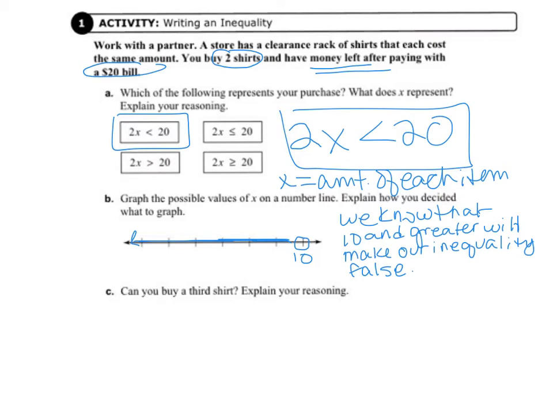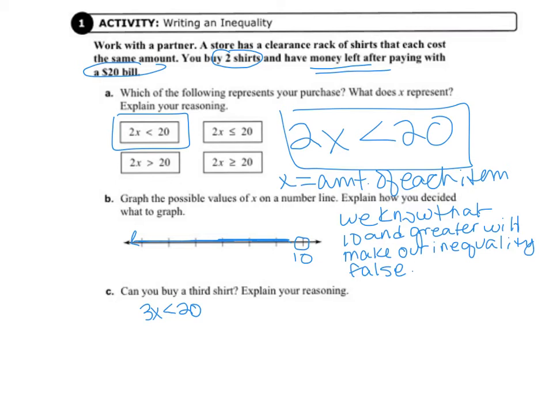Letter C says, can you buy a 3rd shirt? So we have to think about what quantities would make that possible. So if we wanted to buy a 3rd shirt with our same $20, it would make it so that we were stretching our $20 a little bit further, so our items needed to be cheaper. So we would need to rewrite our inequality so that we have our amount of each item multiplied by 3.